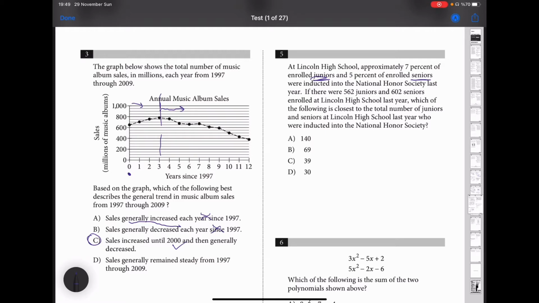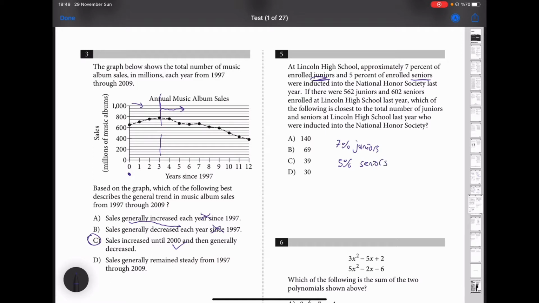Okay, we know that 7% of juniors and 5% of seniors were inducted into the National Honor Society, right?